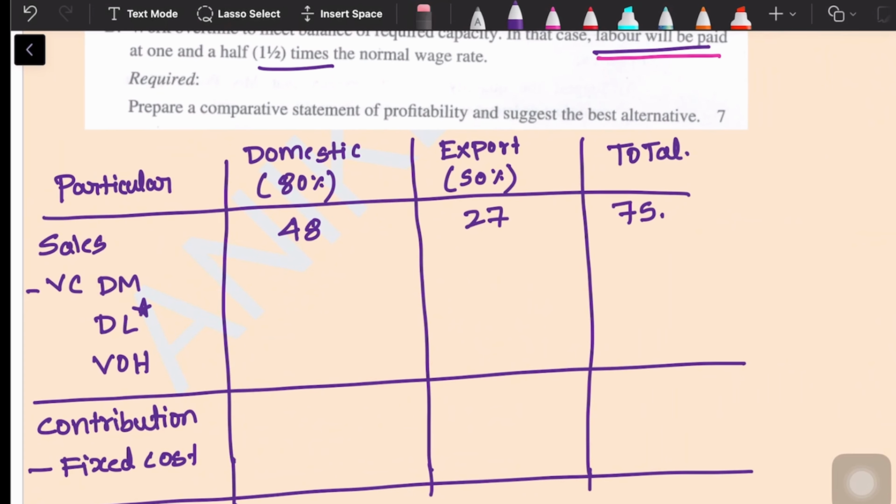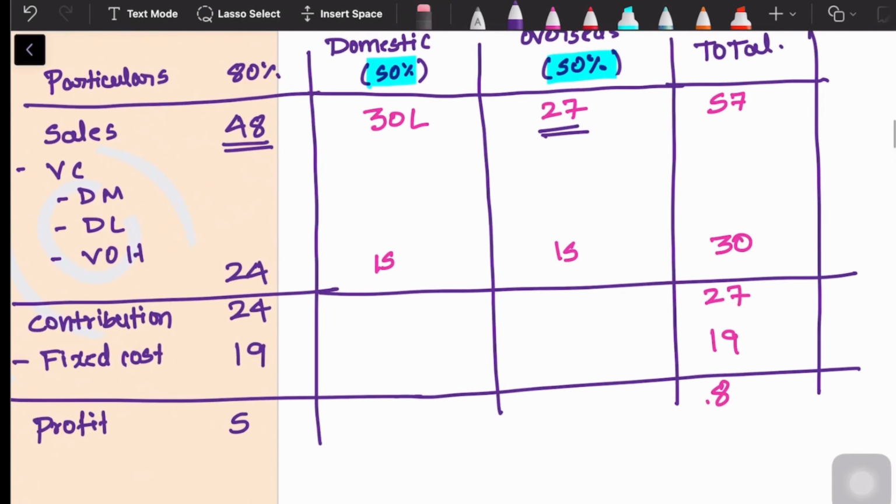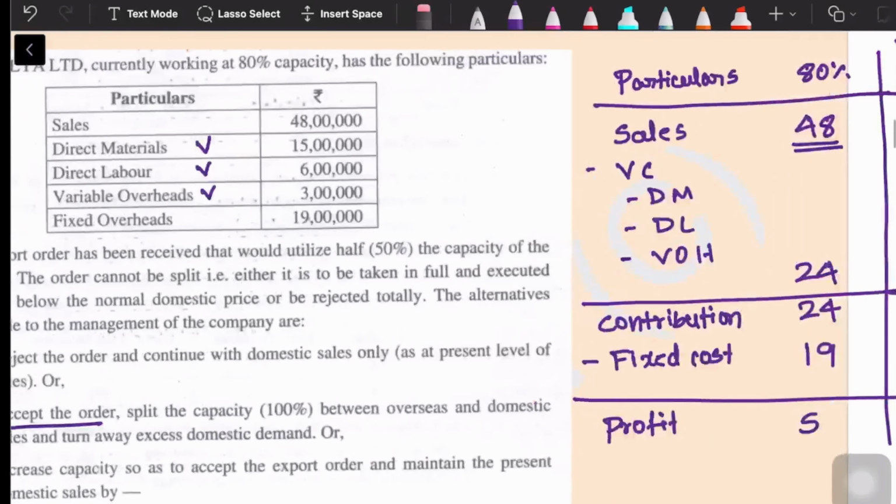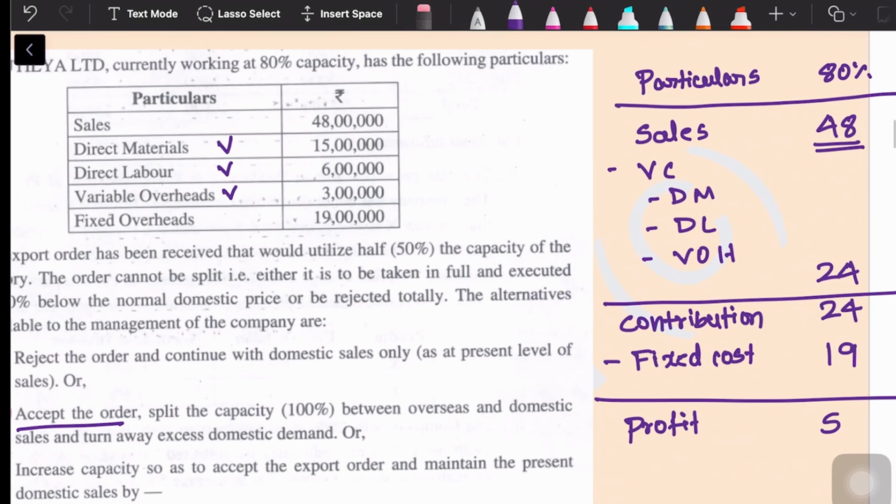Next, variable cost. So direct material. So I know my 100% of direct material. So let's make working here 100% what is the value and 130% what is the value. So direct material will be 15 divided by 80%.